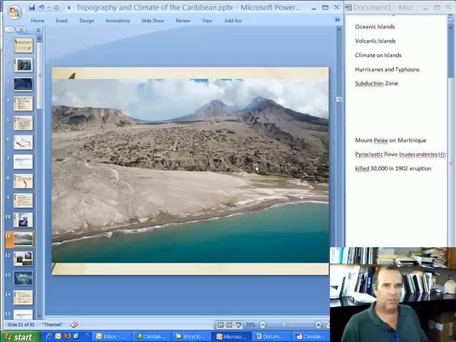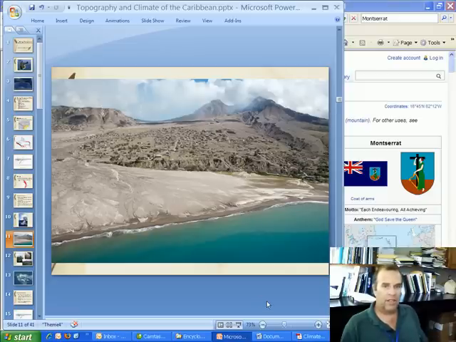This one again is on Montserrat, and this is actually the main town of Montserrat, which the name escapes me just now. Okay, yeah, the town of Plymouth. This is the Soufrière volcano up here. When it erupted, it sent pyroclastic and mud flows down through the town, and it basically buried the town.